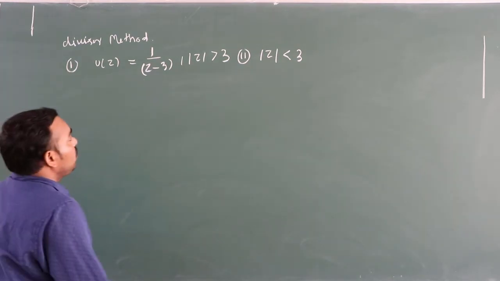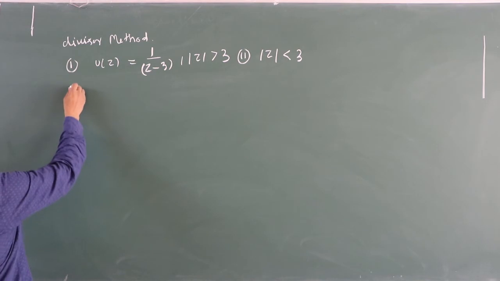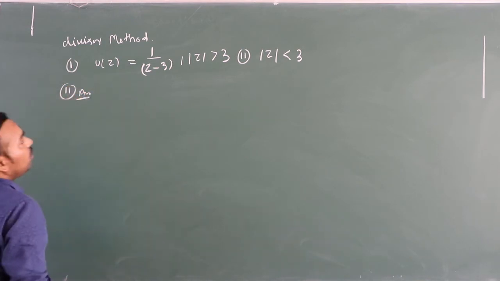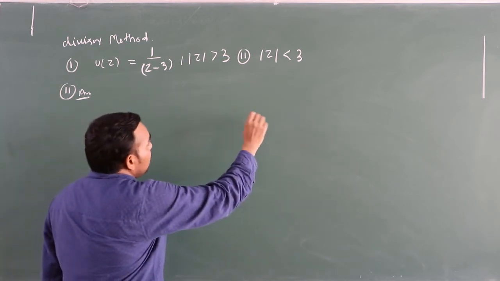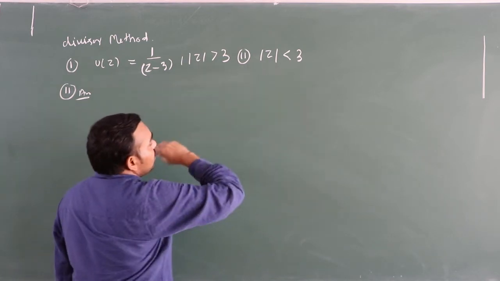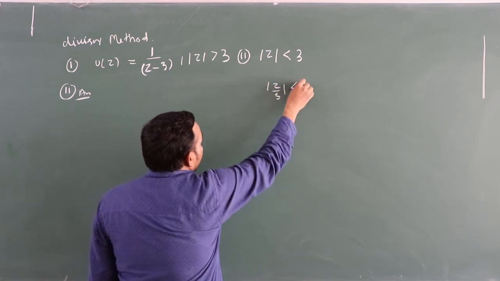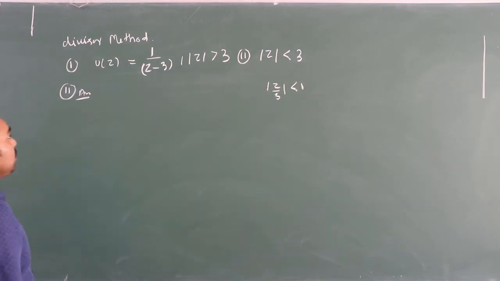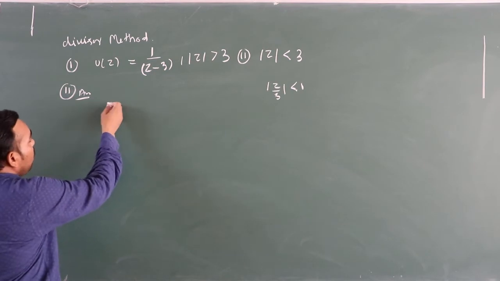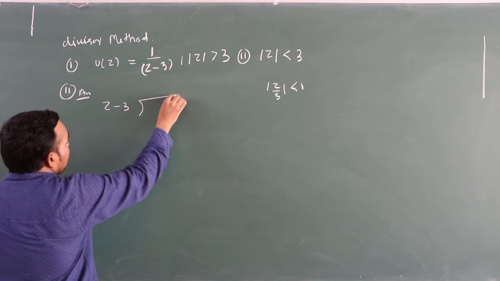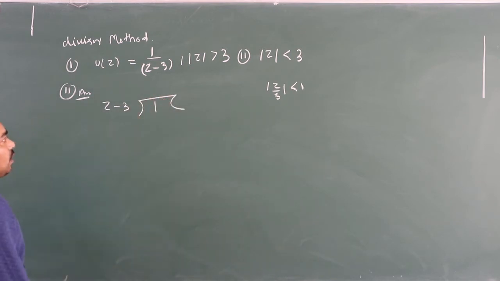Now we want to find the inverse Z transform for the second one. Here the region is given as mod Z less than 3, so the sequence will come in terms of Z upon 3. Now 1 divided by Z minus 3, with the sequence in terms of Z upon 3.